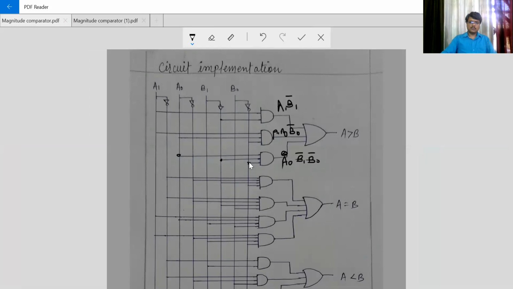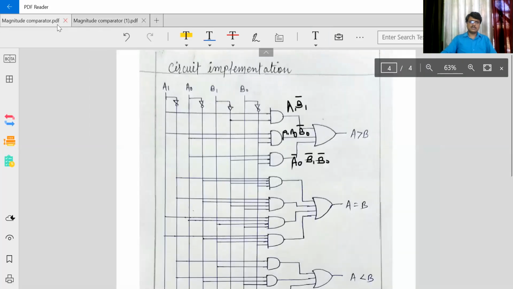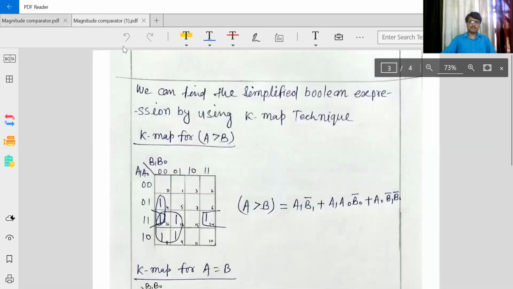Okay, so as we have seen here, there were three AND gate outputs. By using three AND gates, we have got these three values. And now combine these values with the help of an OR gate.